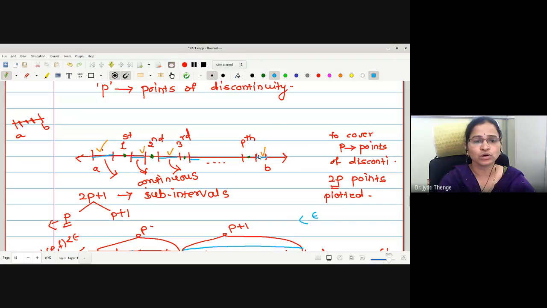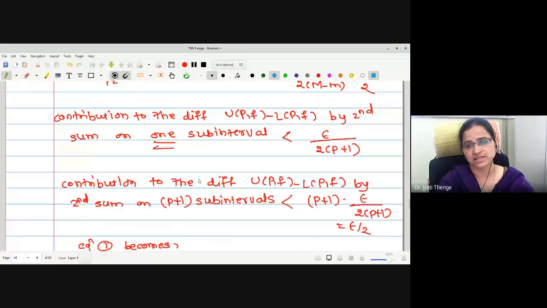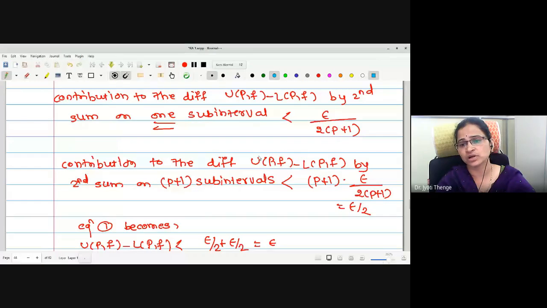We have found the contribution to the difference UPF minus LPF by one interval, and as the function is integrable on that subinterval, we can adjust UPF minus LPF to be less than epsilon upon 2 times (P plus 1). This is by one subinterval. In all, we have P plus 1 subintervals. Therefore, the contribution to the difference by P plus 1 subintervals is P plus 1 times epsilon upon 2 times (P plus 1).